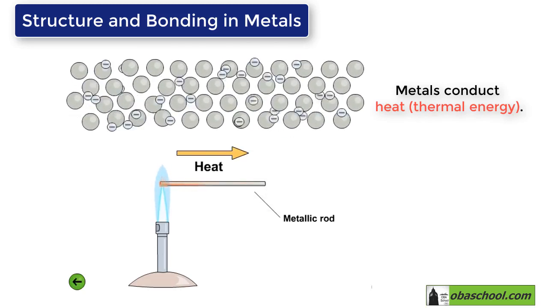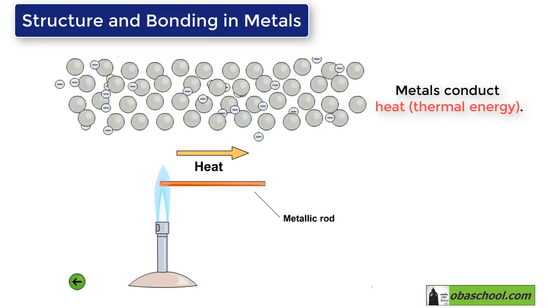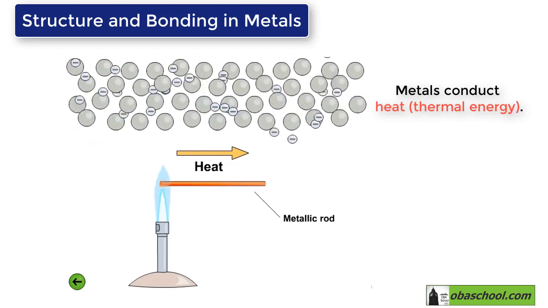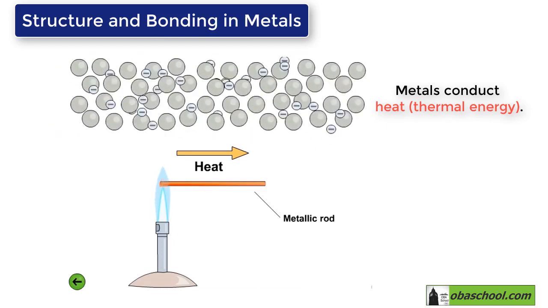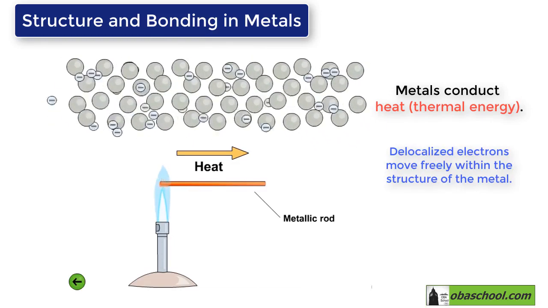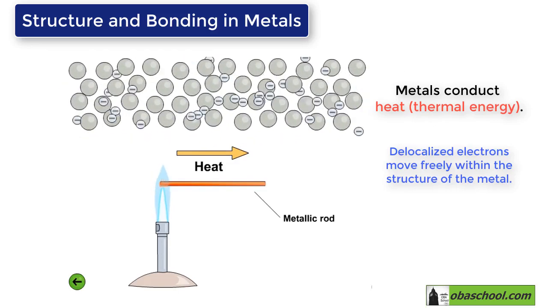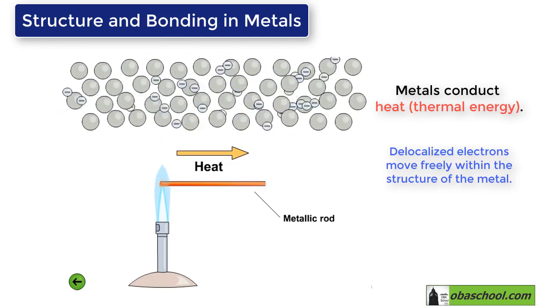If we heat the metal rod, you can see that the delocalized electrons are moving very fast. This fast movement allows the conduction of heat. So it's all about those delocalized electrons in metallic bonding. The delocalized electrons and their free movement allows conduction of electricity and conduction of heat.